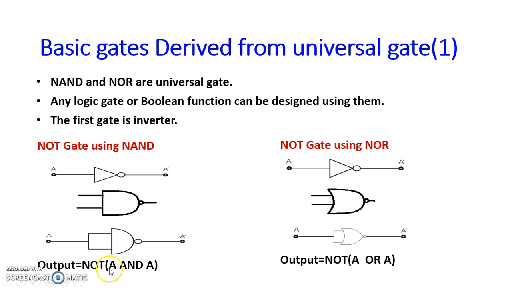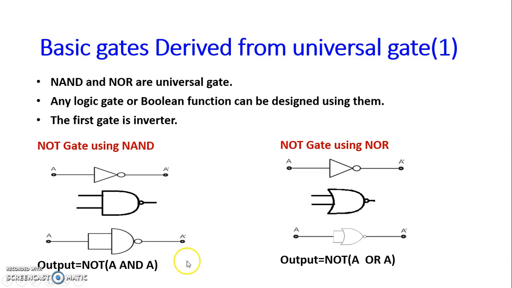The output from the NAND gate is equal to NOT of A and B. We can verify the truth table of the NOT gate by putting in different values of A. For example, if I put A equal to 0, then we get 0 and 0, which means 0, and NOT of 0 is 1. That is, my output is the inverted value of what I applied as A on the input.